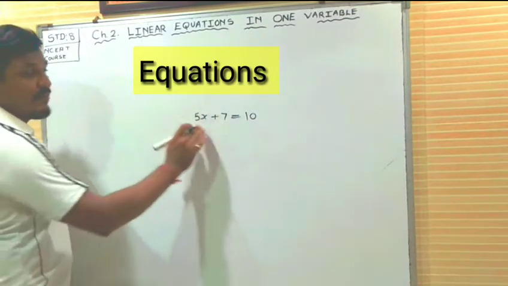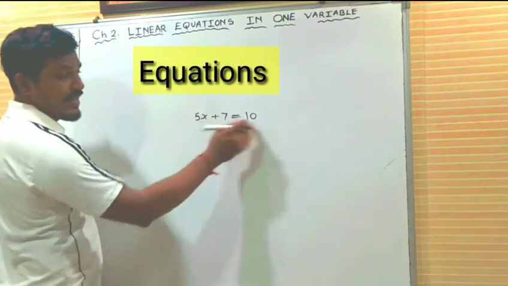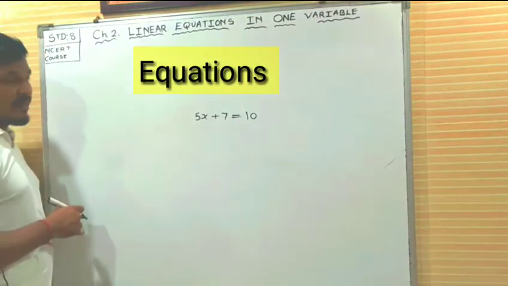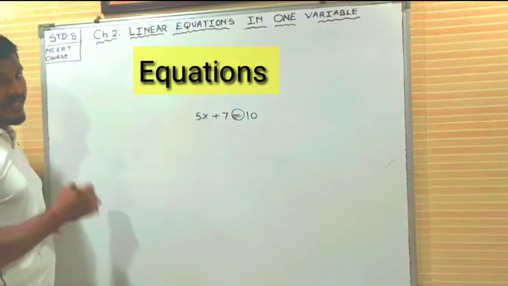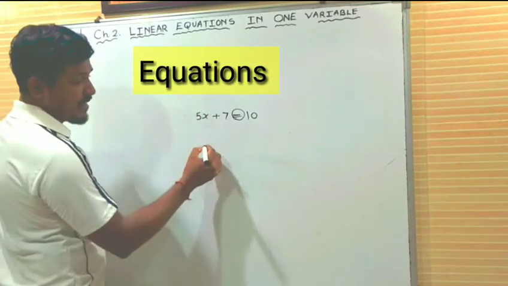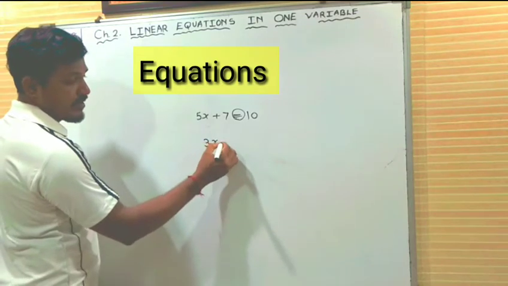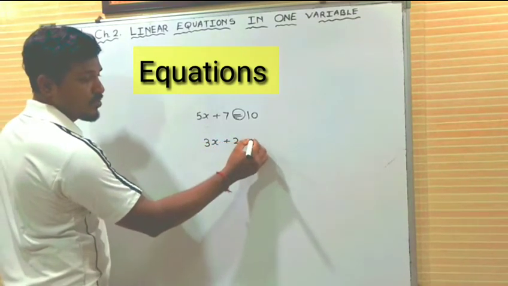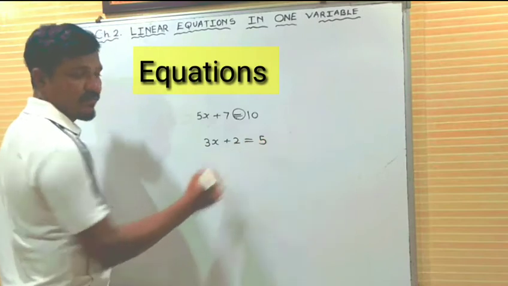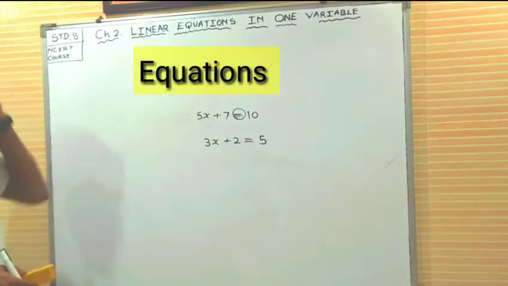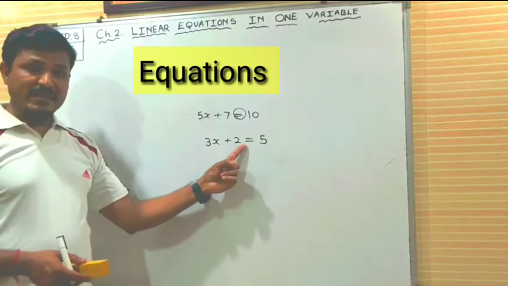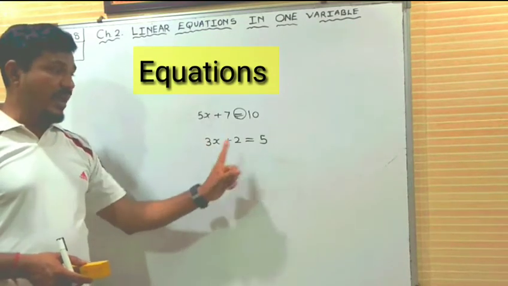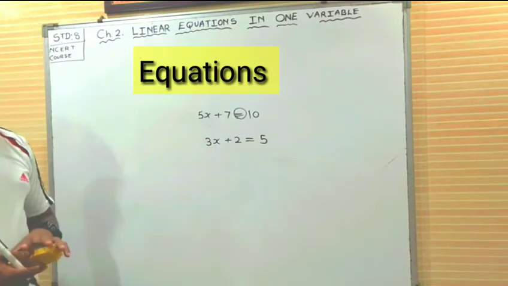That means it divides the two sides equally. So in an equation, an equal sign should be there. Now another example, if I take 3 times x plus 2 equals 5. See, so what is an equation? In an equation there should be an equal sign which divides the two parts equally.